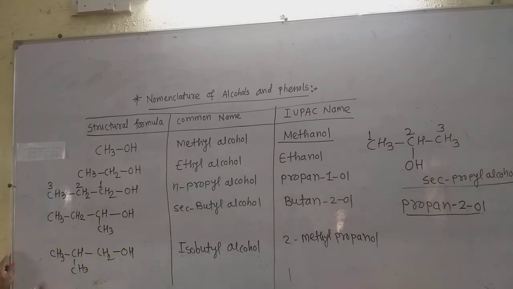Now see this alcohol. Here, in the chain of the carbon atoms, how many carbon atoms are there? Now number from this side. This CH3 group is not a substituent, but it is in the chain. Remember that. This is in the chain.